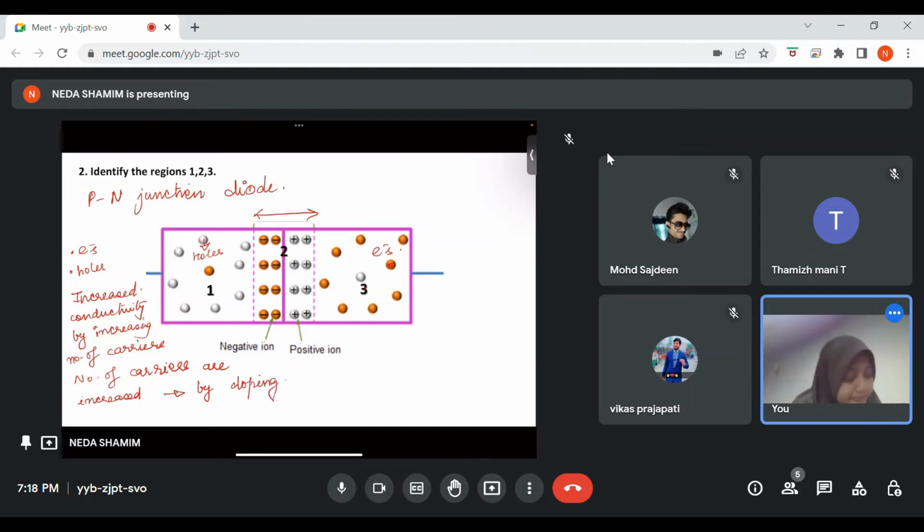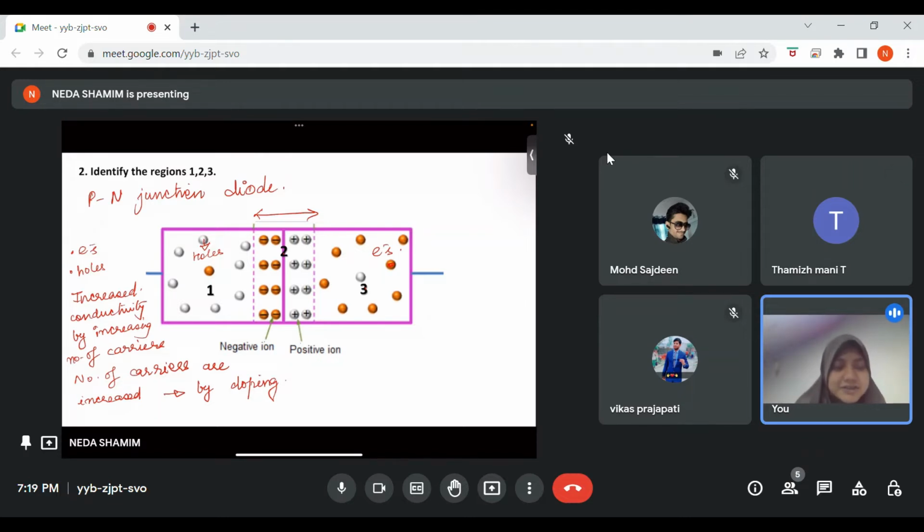If you dope a semiconductor with some impurity, then we get an excess of holes. If you dope it with some other kind of impurity, then we get an excess of electrons. My question to you is, what kind of impurity should be used for getting an excess of holes, and what kind of impurity should be used to get an excess of electrons in a semiconductor?